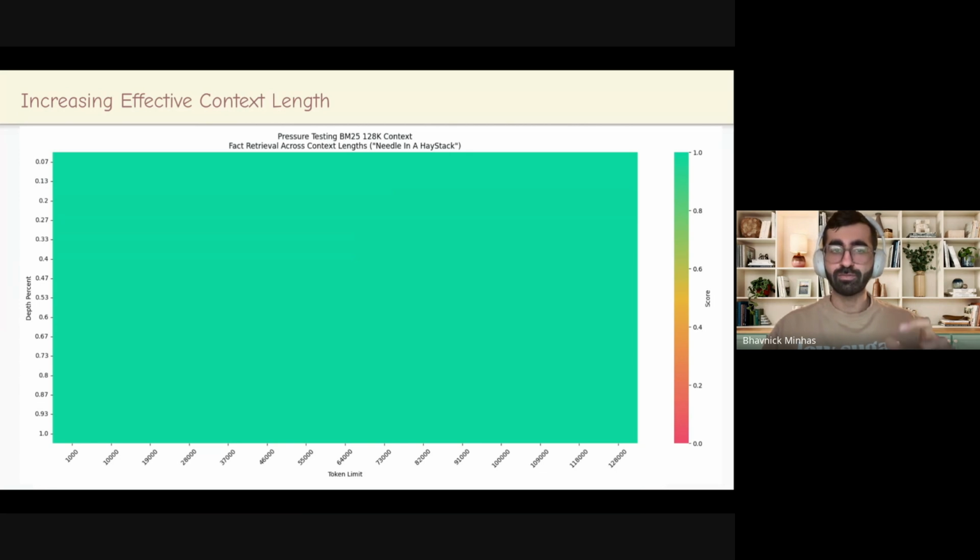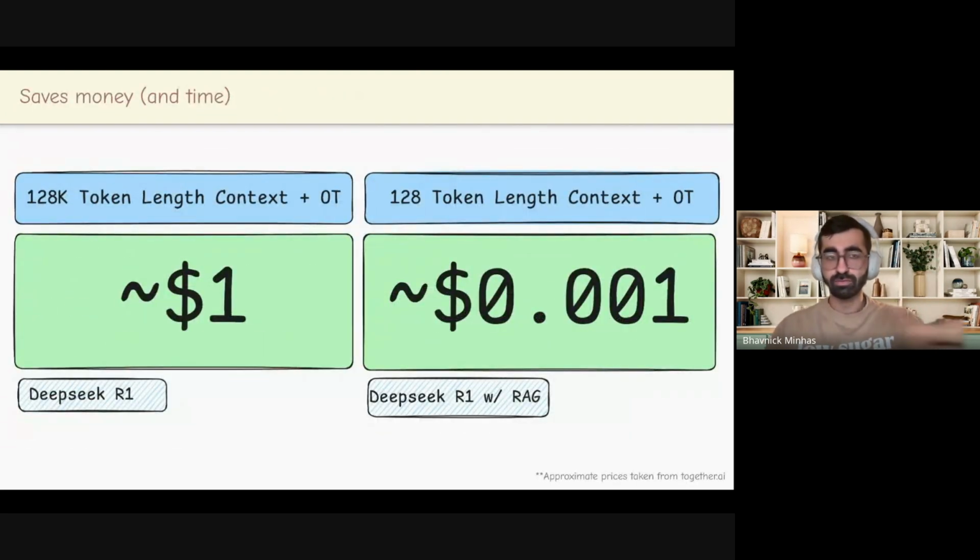So if you just do a retrieval and then do an answering on that one sentence, you'll still get the answer. But if you don't do a retrieval, you have to pass 128K. So that's what the slide was trying to show. Yeah, hope that made sense.